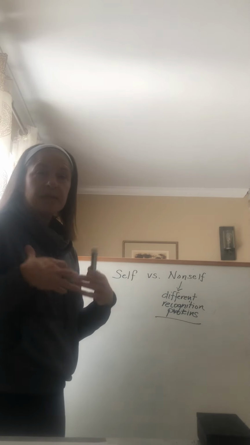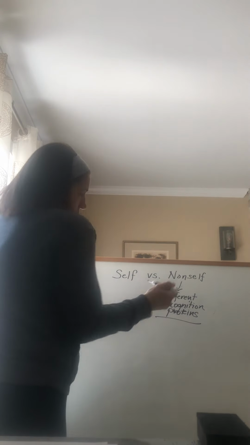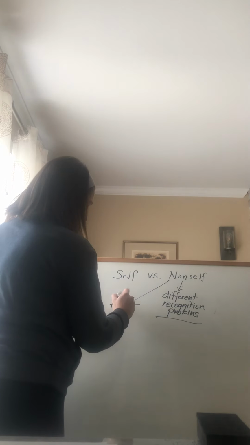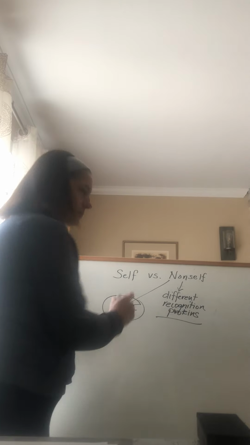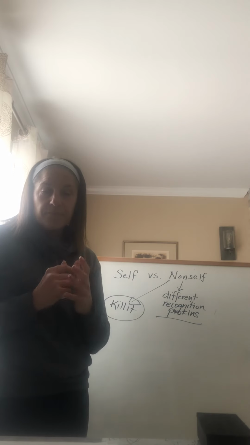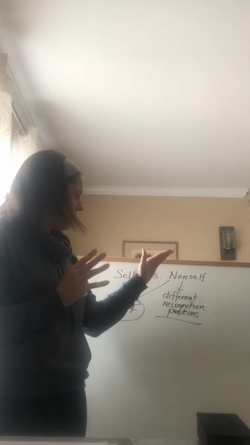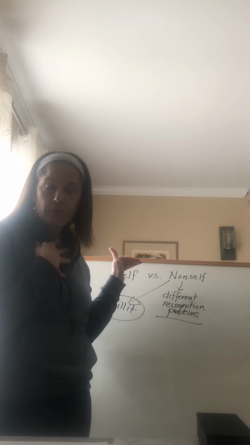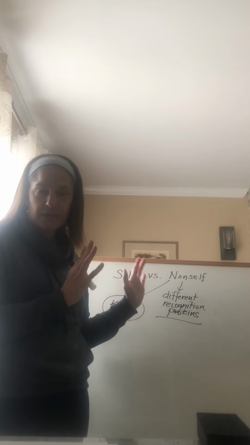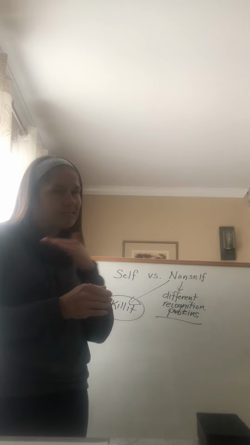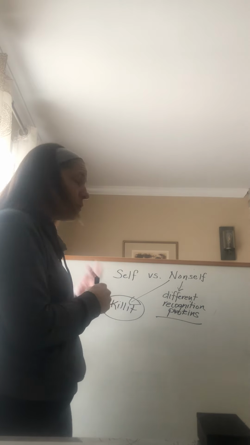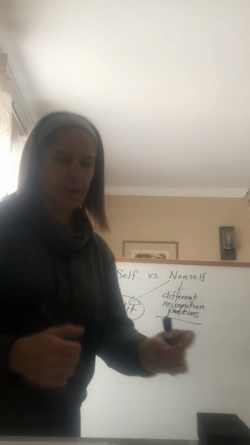So if you have something that is non-self in you, what should you do? Kill it. Wipe it out. When something does not have your self recognition peptides, your body sees this as something that's got to go, and it will go after it with a very specific immune response. Sometimes this backfires, and we'll talk about times when this backfires in a moment.